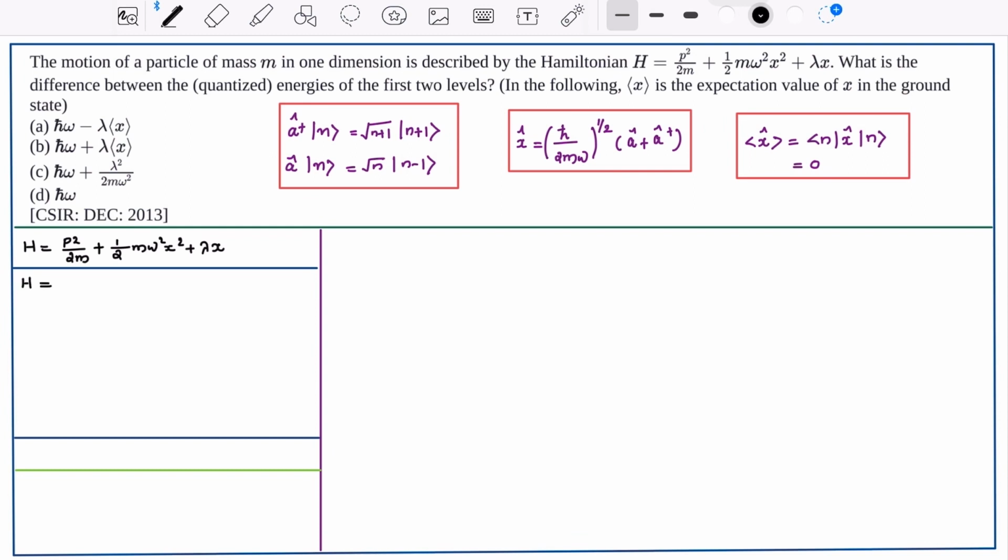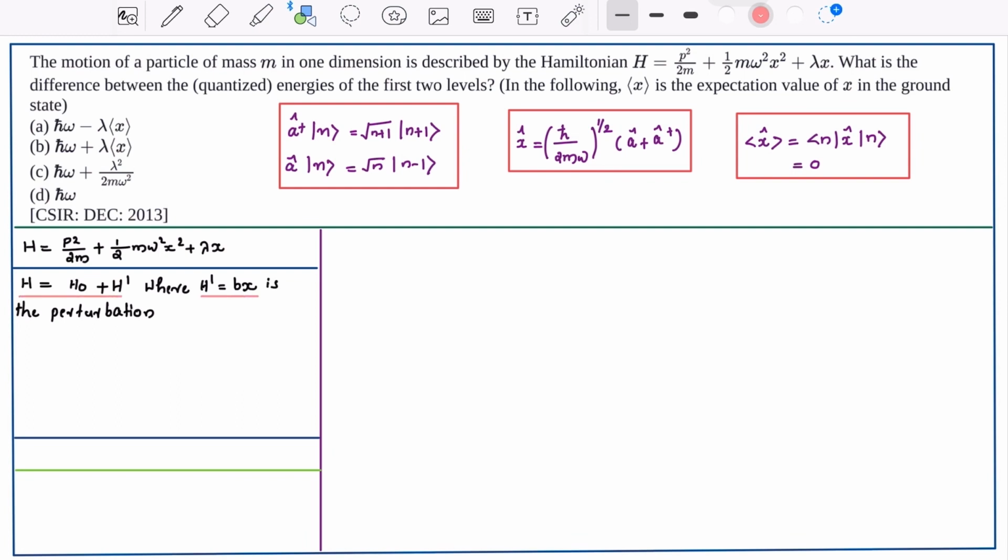We can write H is equal to H0 plus H dash, where H dash is equal to lambda x, the perturbed Hamiltonian, or it is the perturbation.